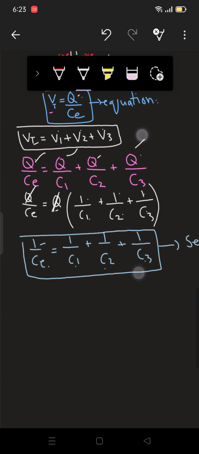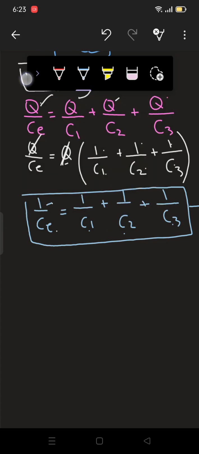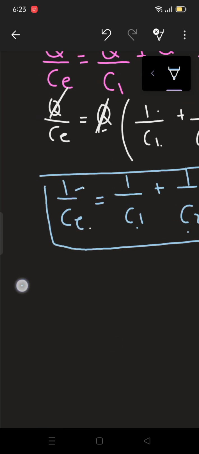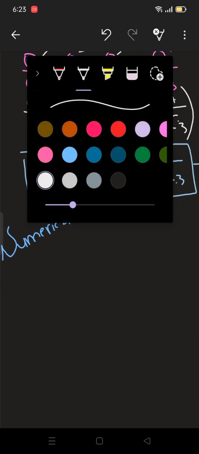Suppose you have three capacitors connected in series. I am generating my own numerical here, so let me write it. I'm making the diagram first.